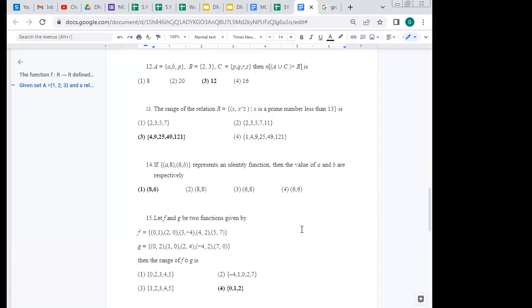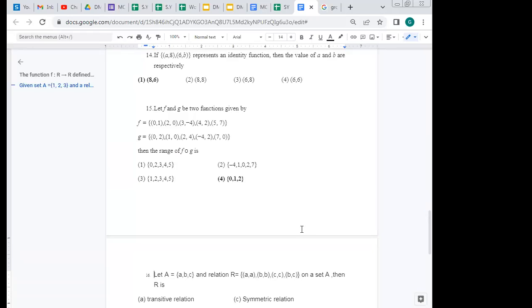Then we'll go for the next question, that is the 15th one. Let F and G be two functions given by F equal to {(0,1),(2,0),(3,-4),(4,2),(5,7)} and G is {(0,2),(1,0),(2,4),(-4,2),(7,0)}.